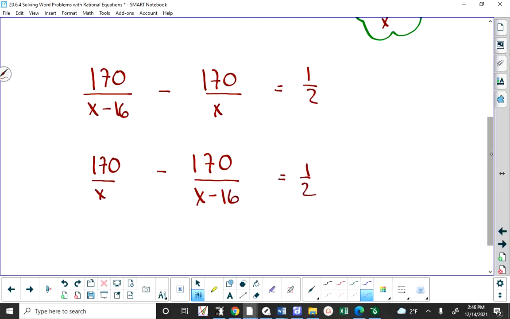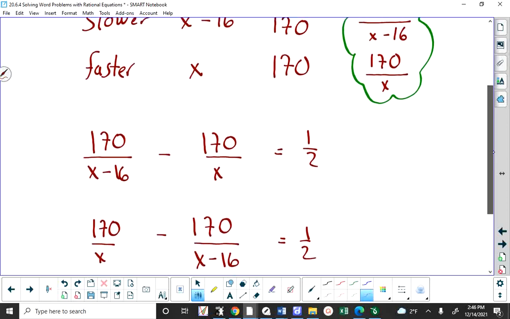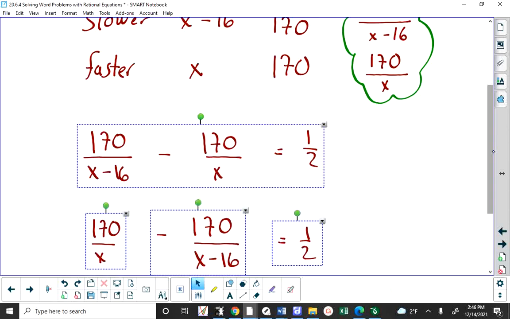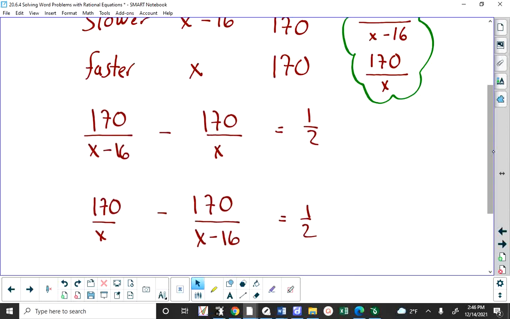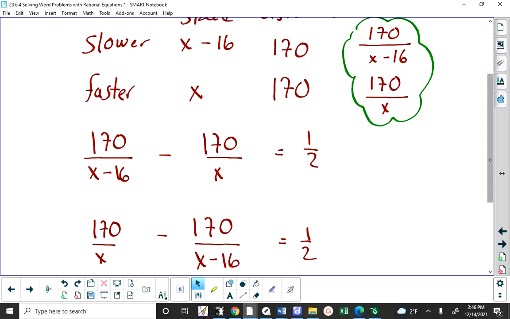It's one or the other, and they both won't work. So my question that I'm asking you to think about right now is which of these two times is the bigger time? Because to get a half, we have to take the bigger minus the smaller.